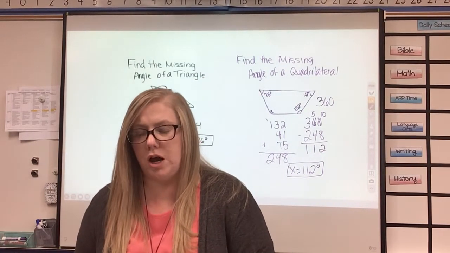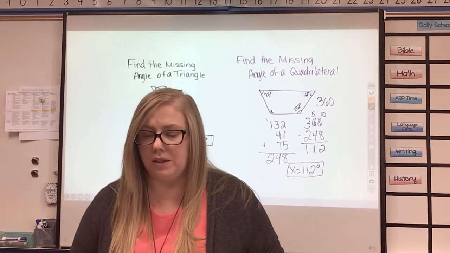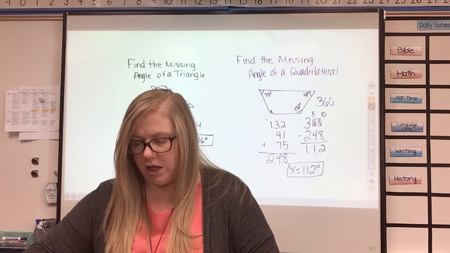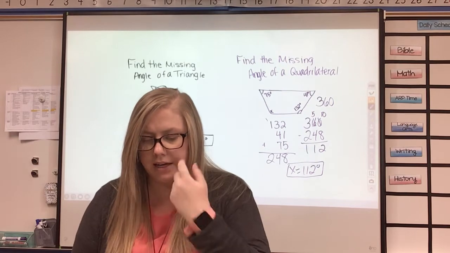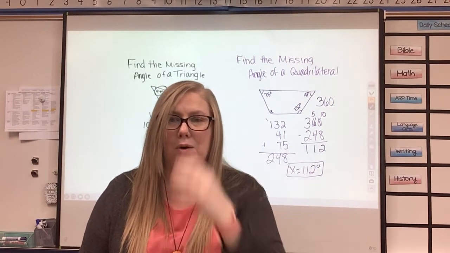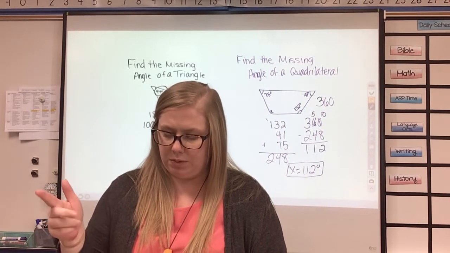So your job now is to do pages 11 through 13. So 11 is to identify them by their angles super easily. So you will look at the angles and see if it's acute, obtuse, or right.